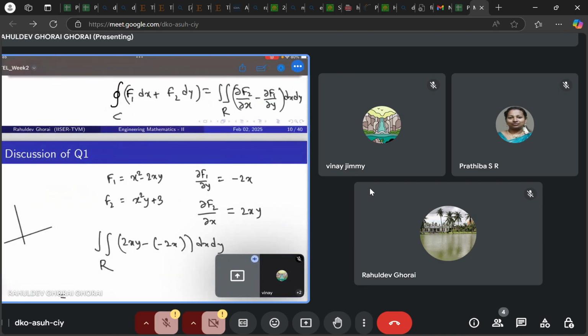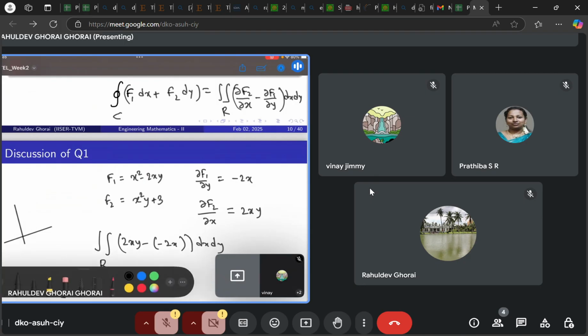Y square equal to 8x will look like this, because y is symmetric, plus y or minus y will give you the same. For y square equal to 8x and x equal to 2, y can be anything.